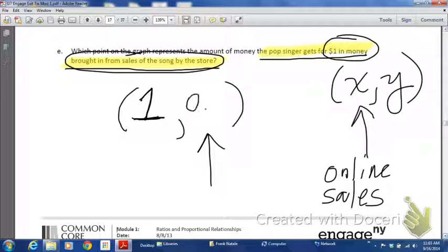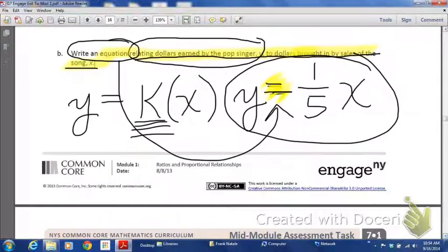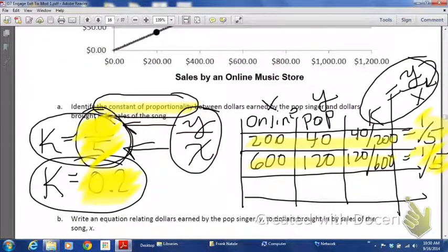For every $1 the online store brings in, the pop singer gets 20 cents. And again, that can be seen because that is our unit rate, and that's actually what we come up with when we get our constant of proportionality.